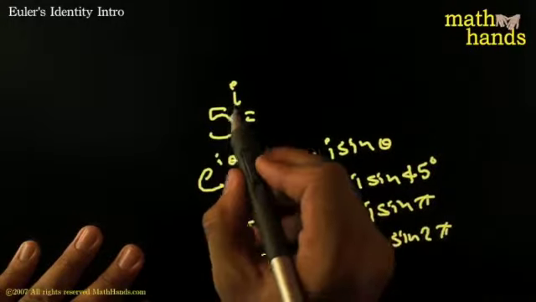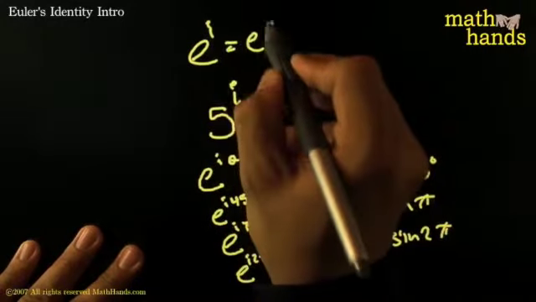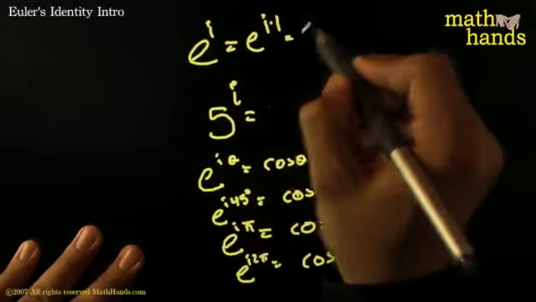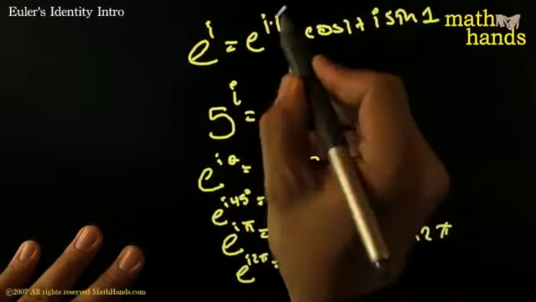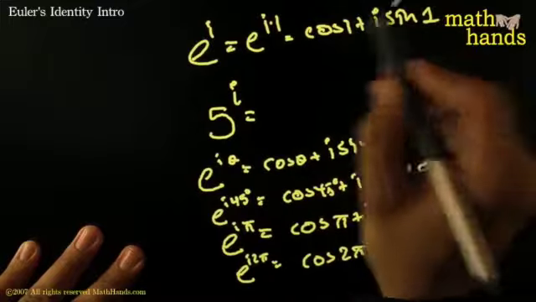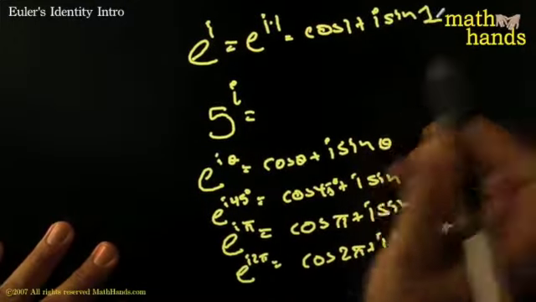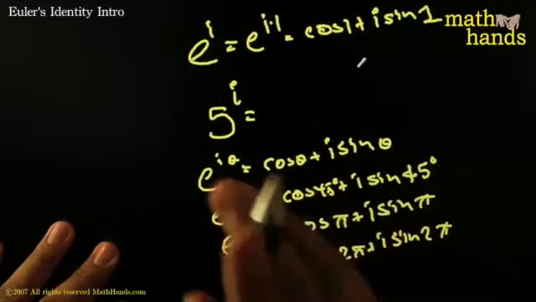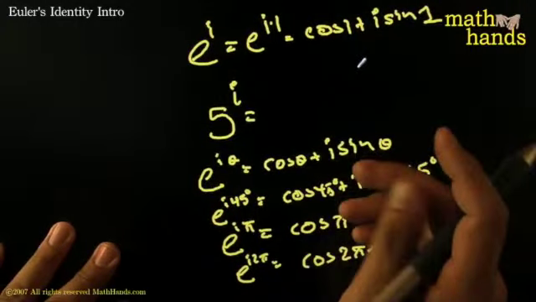And so he said, e to the i theta is equal to cosine theta plus i times sine theta. And you could play that game for any real angle theta. So that means e to the i 45 degrees is equal to cosine of 45 degrees plus i sine of 45 degrees.